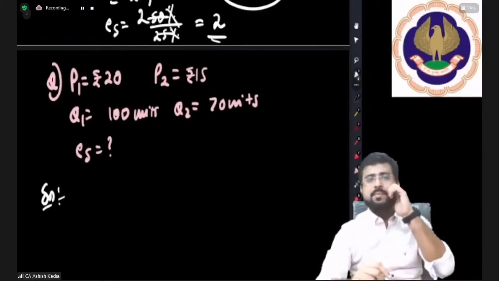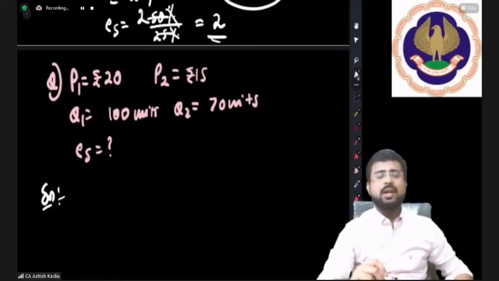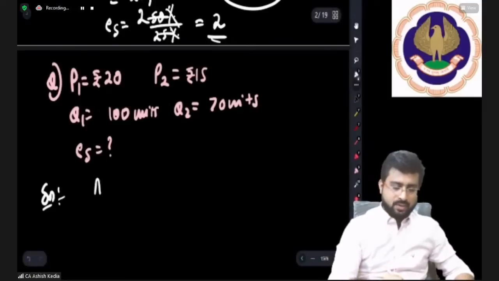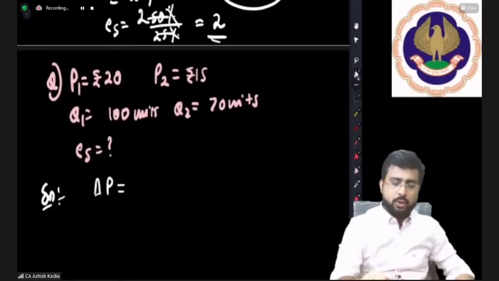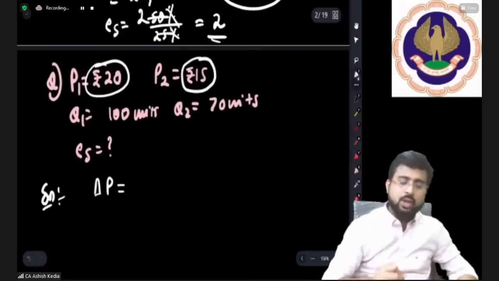Yes, it will be MCQ. Pay attention everybody. See, change in price is new price minus old price. My dear friends, new price is 15 rupees. Old price is 20 rupees.